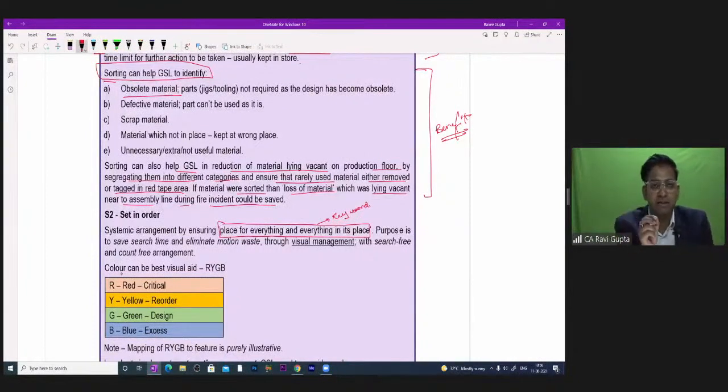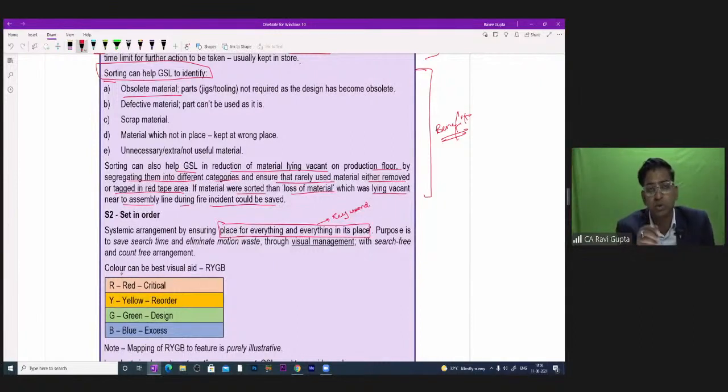Place for everything. Every thing should have a place, and every thing should be in its place. That is, place for everything and everything in its place. This is what is called set in order. Like you get drinking water only in a kitchen or in a refrigerator.